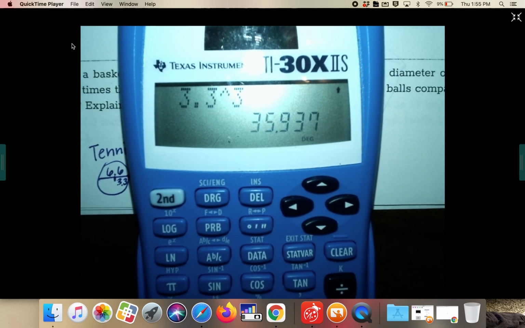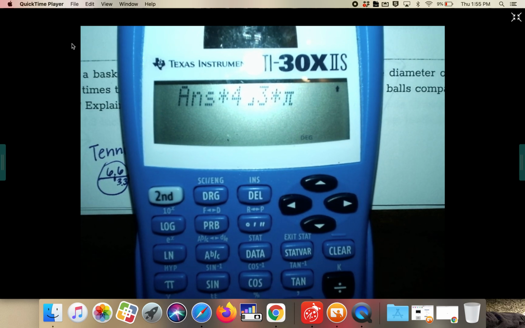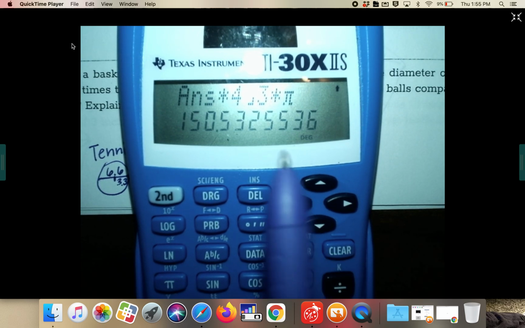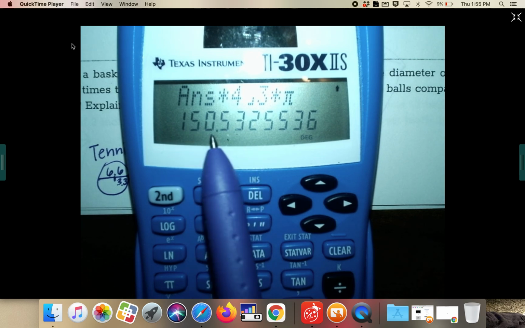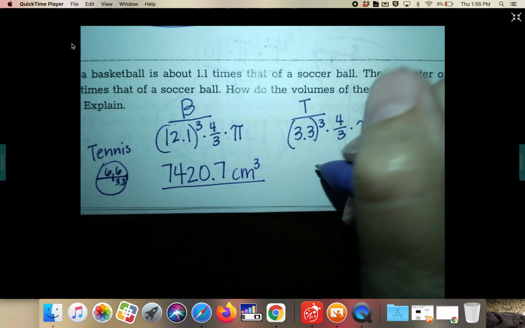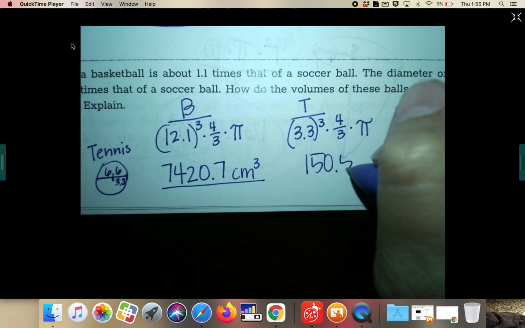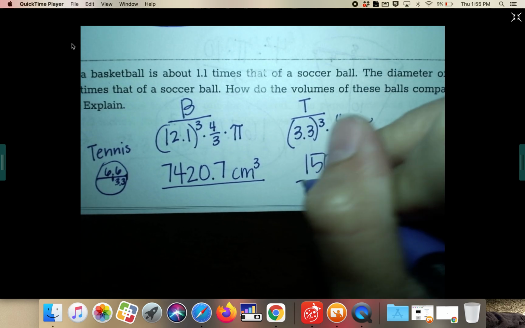So 3.3 to the third power times 4/3 times pi is 150.5. The 3 will not bump up the 5, so 150.5 cubic centimeters is our tennis ball.